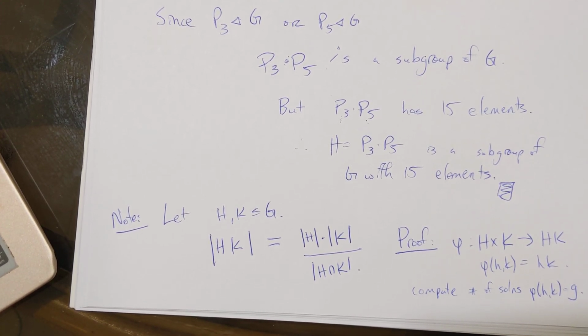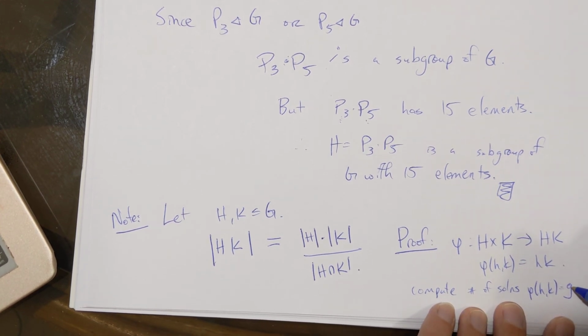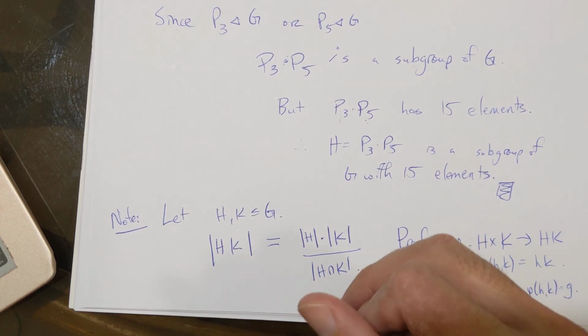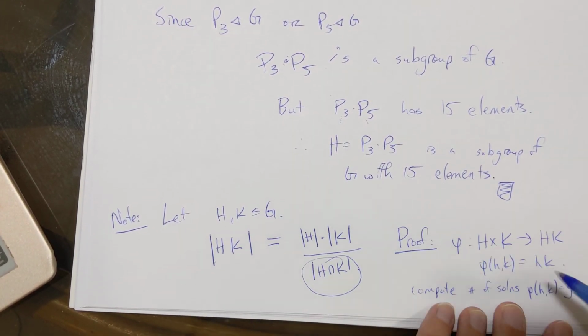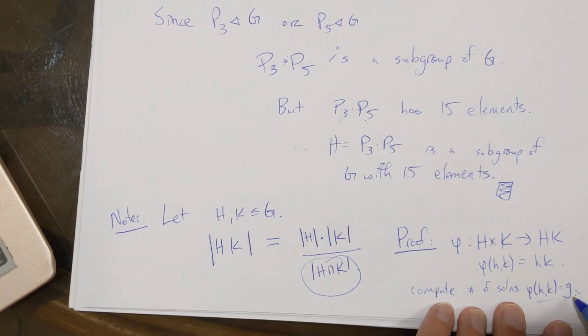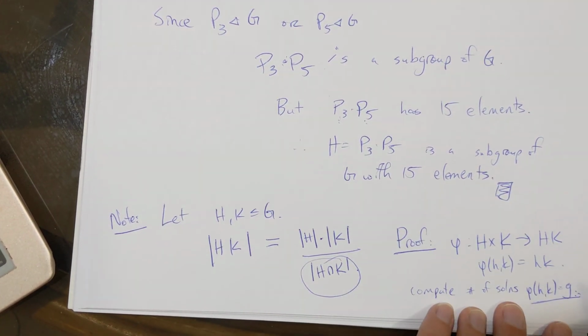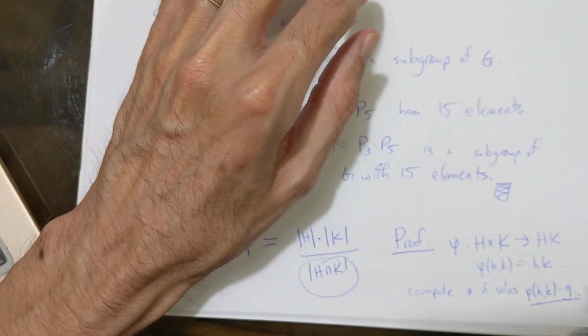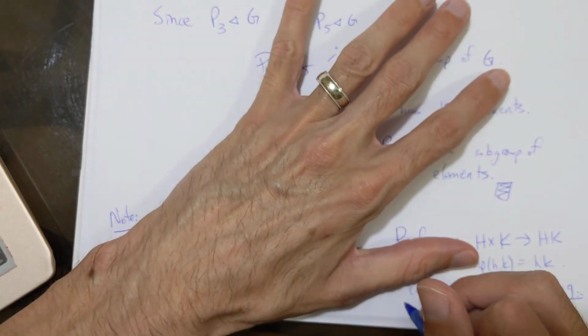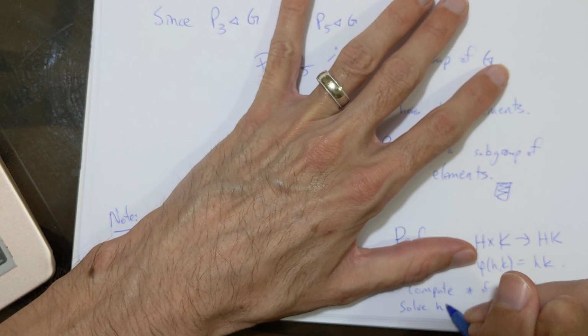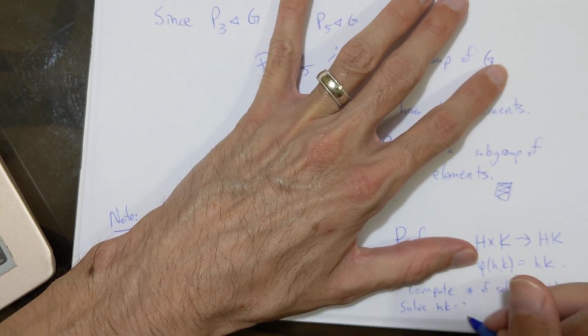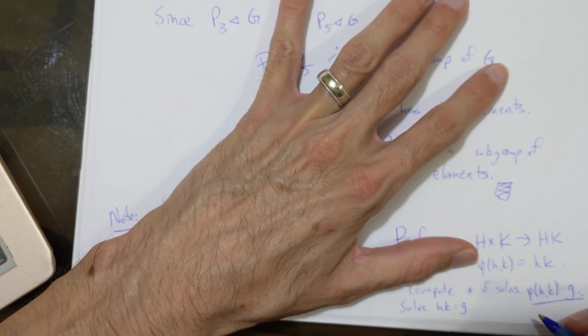And then you just have to show that there are this many solutions to each equation. Well, either this many or 0, basically.